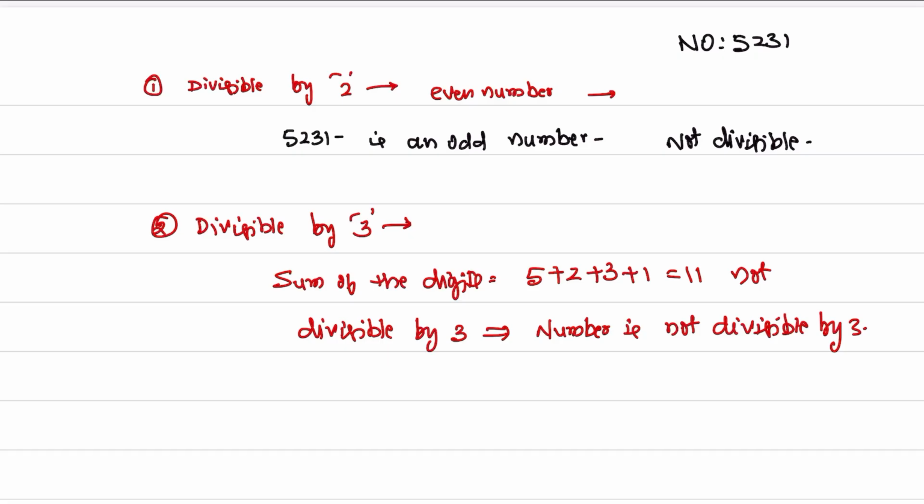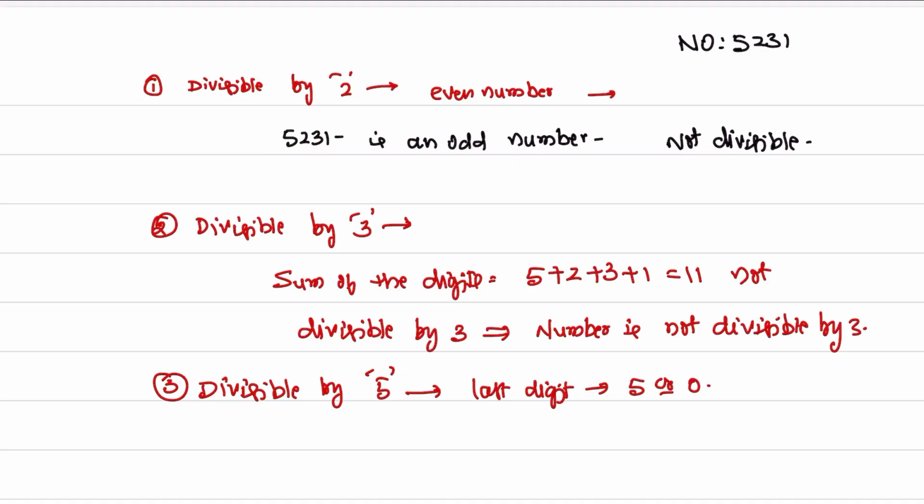Next, whether it is divisible by 5. For a number to be divisible by 5, the last digit should be either 5 or 0.